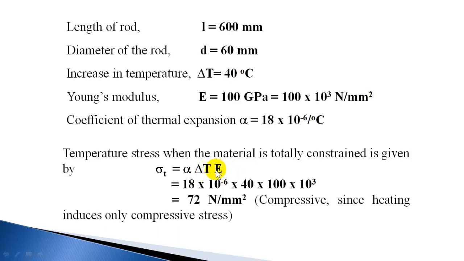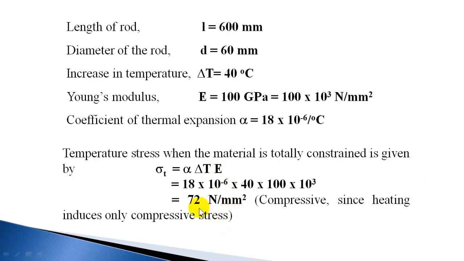Alpha delta T E will give the magnitude, and we know in this case it is an expansion, so only compressive stress will be induced. So alpha value is substituted, delta T is 40 and the Young's modulus is 100 into 10 raised to 3, which will give the stress as 72 Newton per mm square, and the stress is compressive since heating only produces compressive stress.